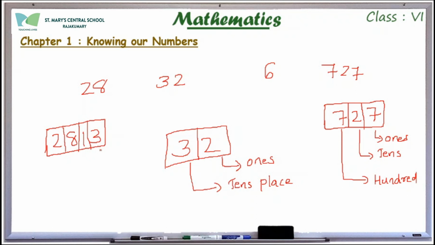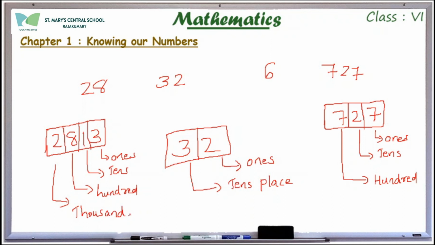And here 3 is at the place of ones, 1 is at the place of tens, 8 is at the place of 100, and 2 is at the place of 1000. So this is how we are representing place values that we have already learned in previous classes.